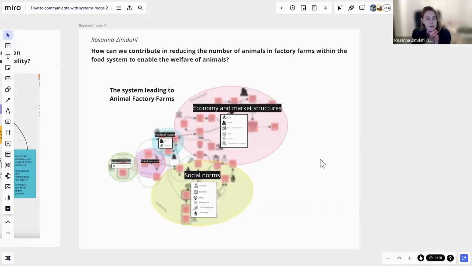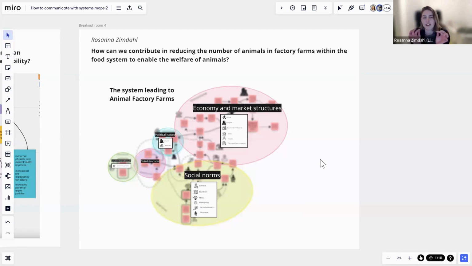So this was a map that some people who care about animal well-being made. We were very interested in what the interventions are that we are doing in the advocacy movement, and what the system actually is that we are trying to work with, because we were focusing on factory farms and how animal well-being is within those, and how we can change it to be something better.